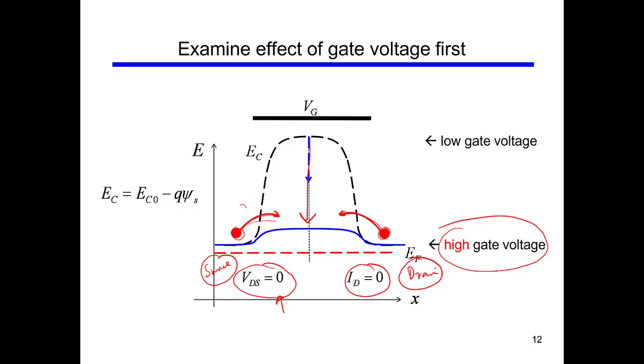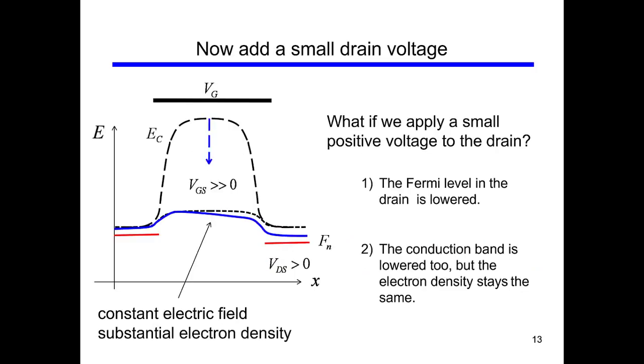So although some random electrons can go from here to here and some random electrons go from here to here, the net flow of electrons in both directions is 0. Okay, so because VDS is 0, there is no potential difference, the current is 0. So what is the effect of a high gate voltage? It just lowers the potential hill for electrons.